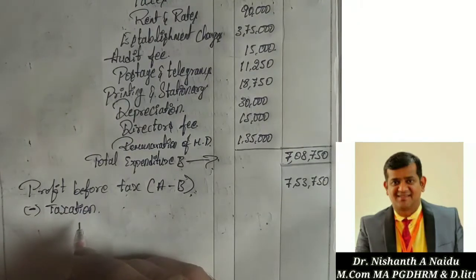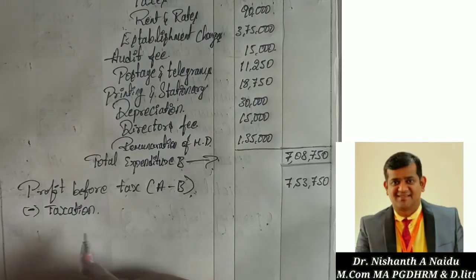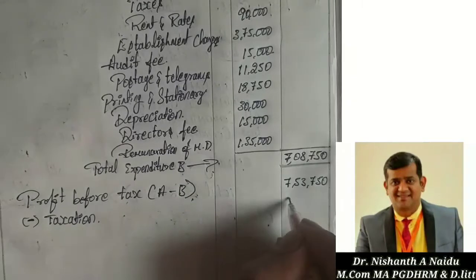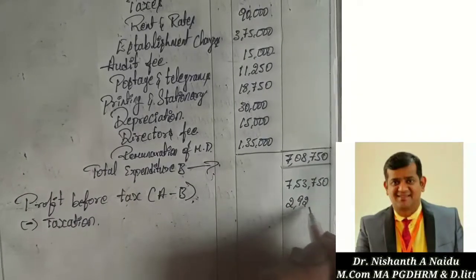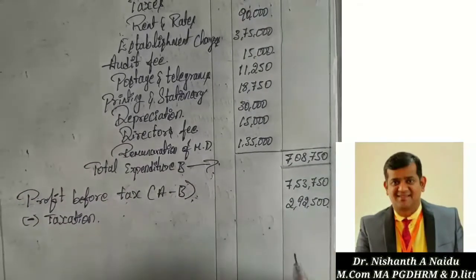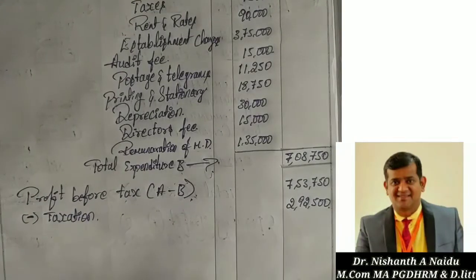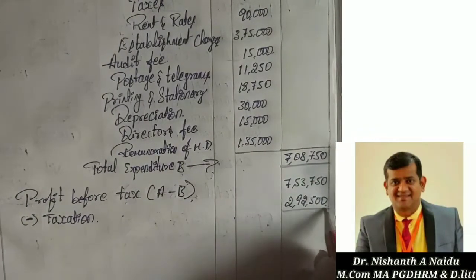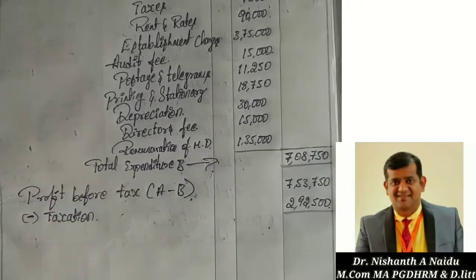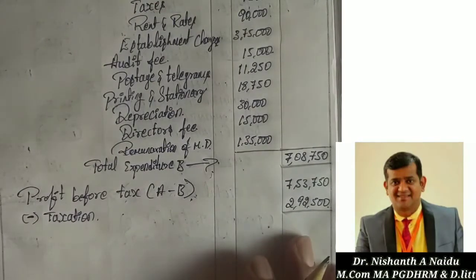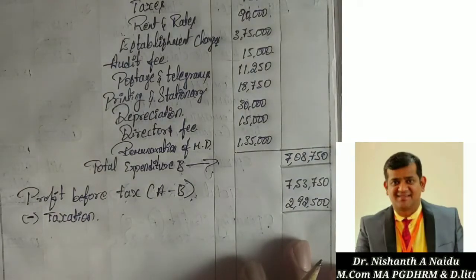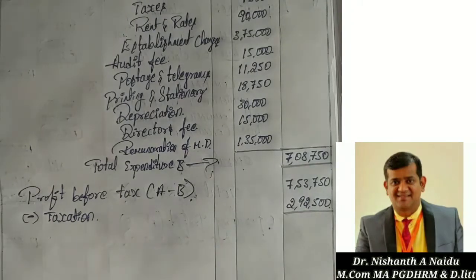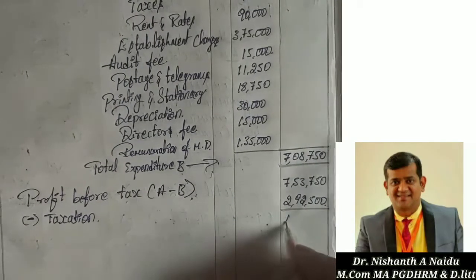So taxation is 2,92,500 rupees. So deduct that. How much will you get? 7,53,750 minus 2,92,500, that is 4,61,250.